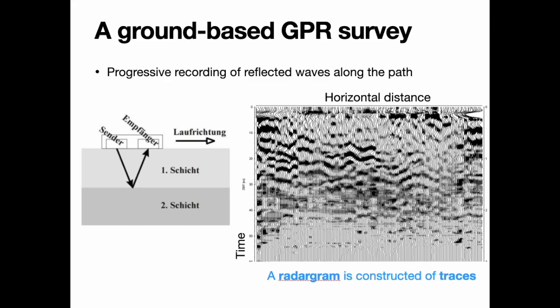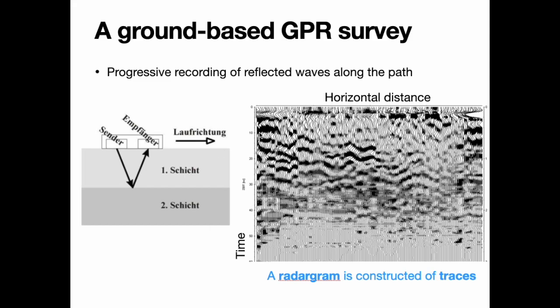So in practice, what is obtained is what is called a radargram. It is constructed as a collection of traces. These are the traces, what is recorded during the travel. So we have the horizontal distance, and this is one trace per position in x.